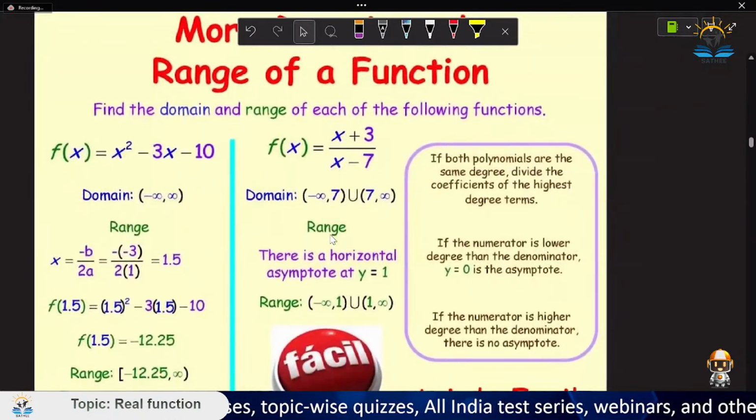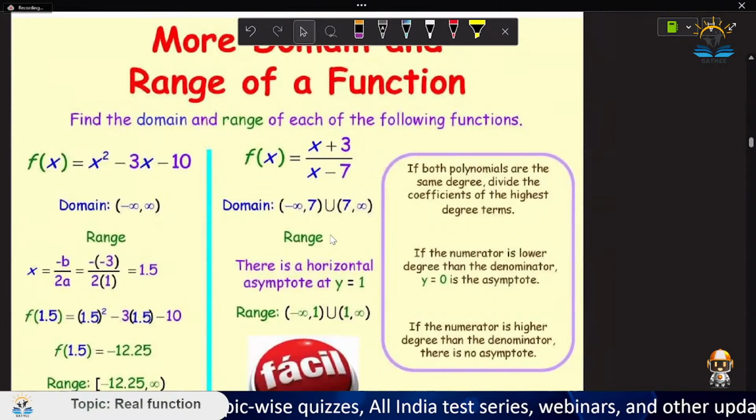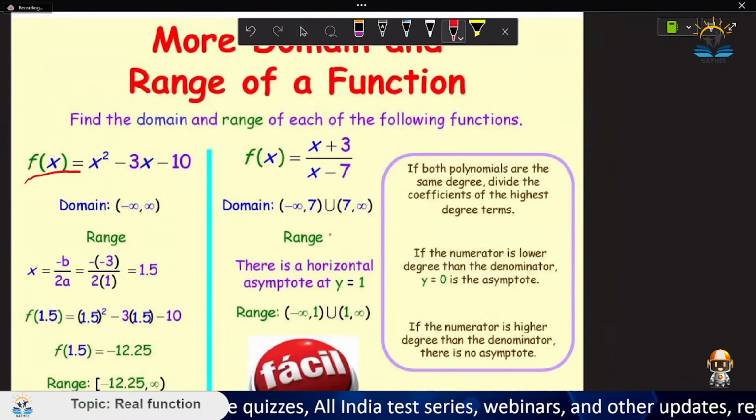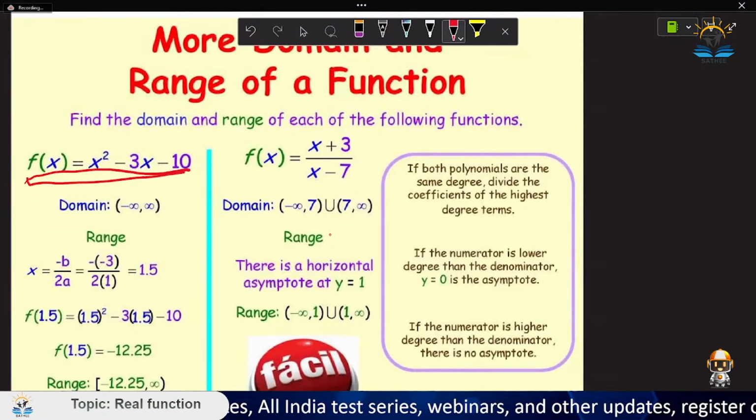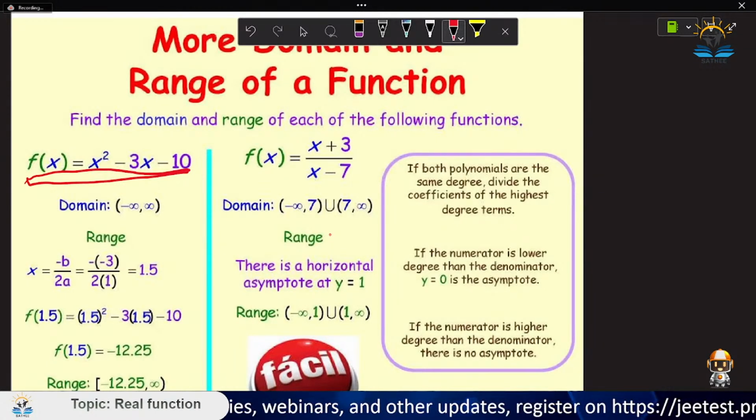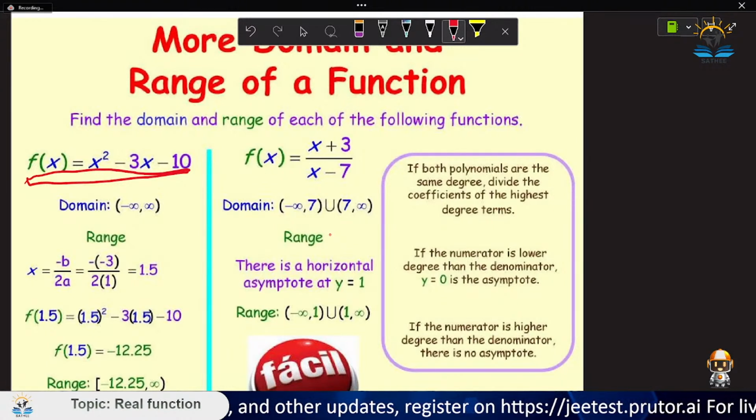Okay, so we can look at more questions on domain and range. First, this is a real domain for us because there is nothing over which your function would go to infinity. It can go to infinity, but not through a division by zero.